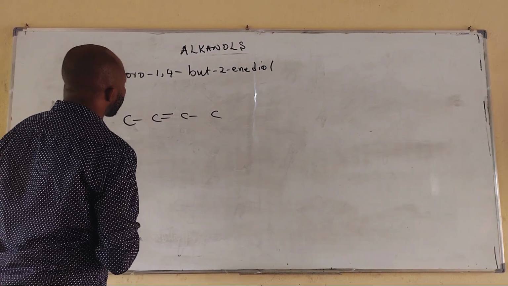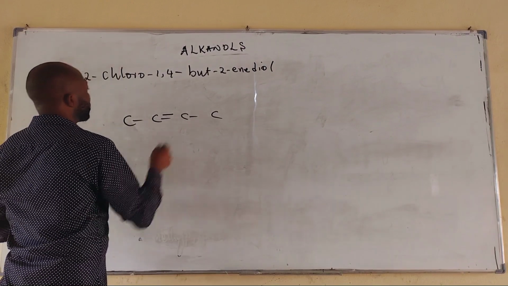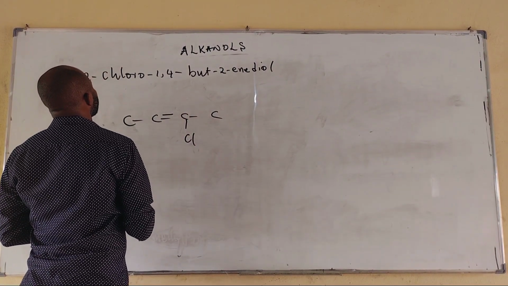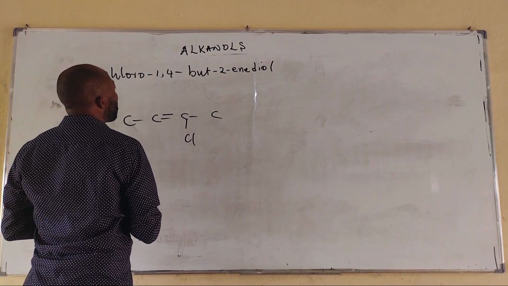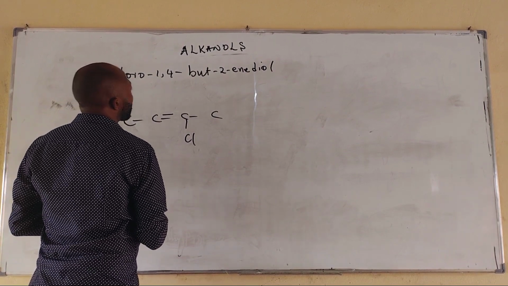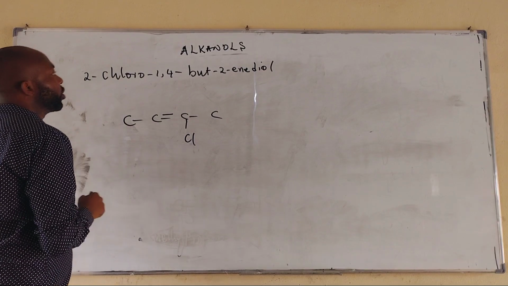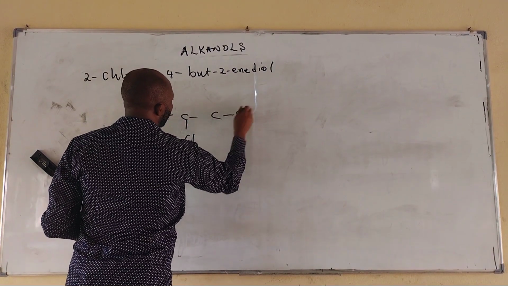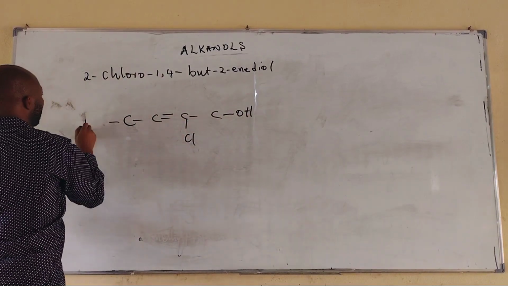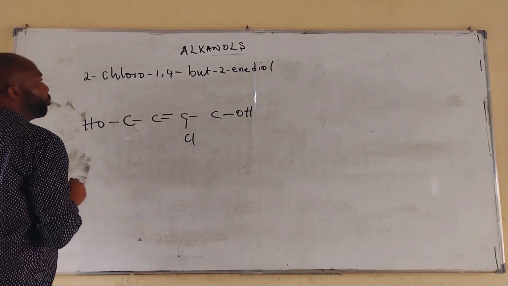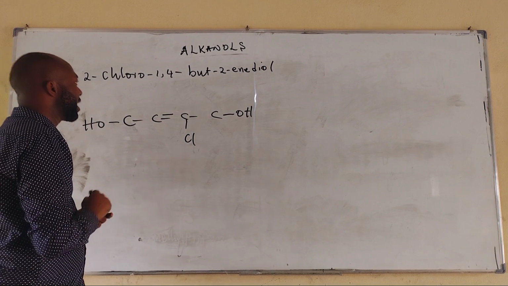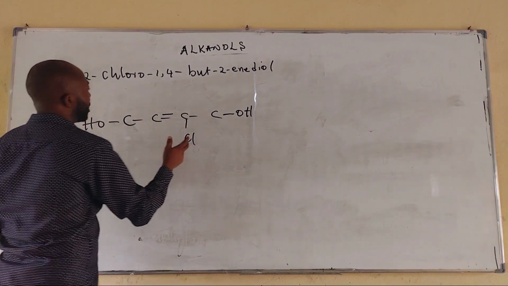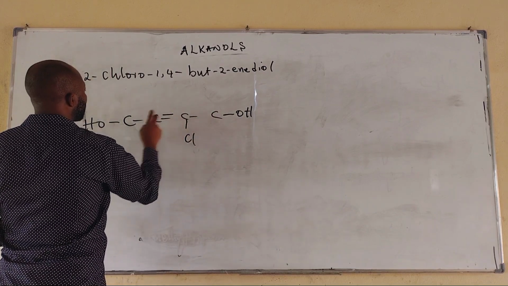Okay. Now, 2-chloro, this is my chlorine. 2-chloro, 1,4. The 1,4 is the OH group because it's a diol. Put 2-ene-diol. That is it. So now let's name it. 1, 2, 3, 4.